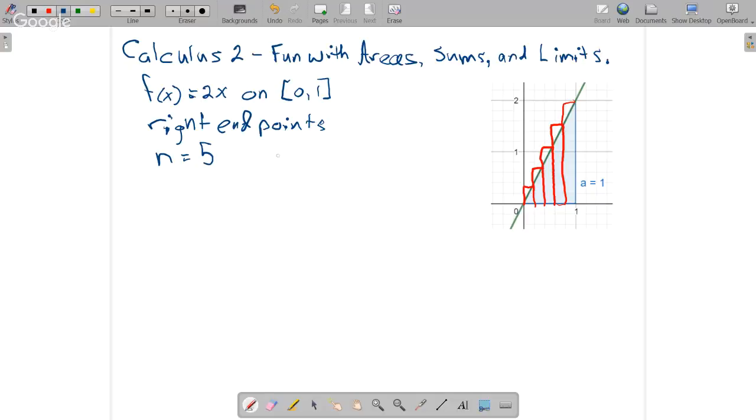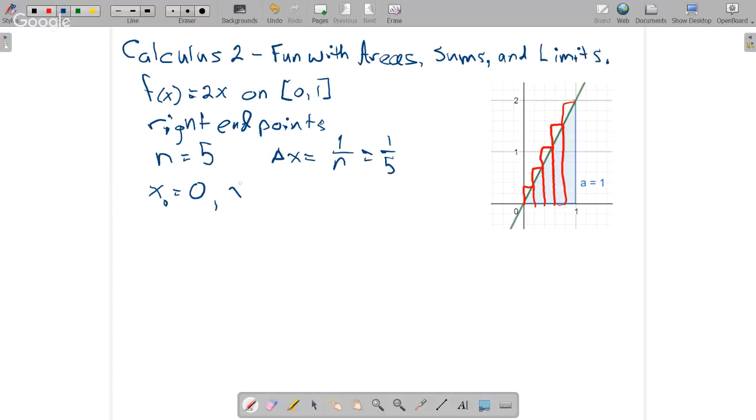So to figure out how wide each rectangle is, that's what we call delta x, change in x, and that's just going to be the width. 1 minus 0 is 1 over 5. 1 over n, so in this case 1 over 5. And the beginning of the interval, x0, that's the 0 in this case, but it could be any number.